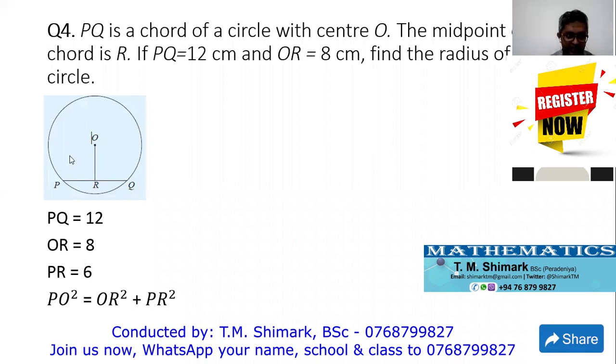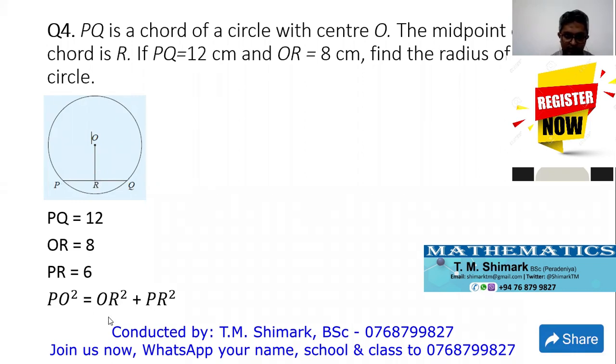Pythagoras theorem says that in a right angle triangle, the square of the hypotenuse side equals the other two sides' squares added. So OQ, the other two sides are PR and OR.